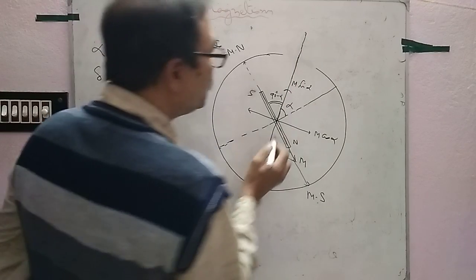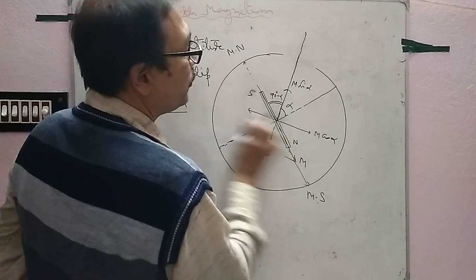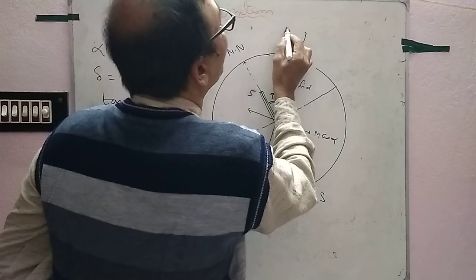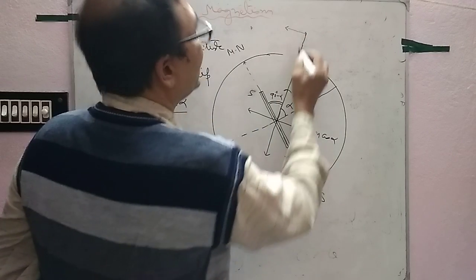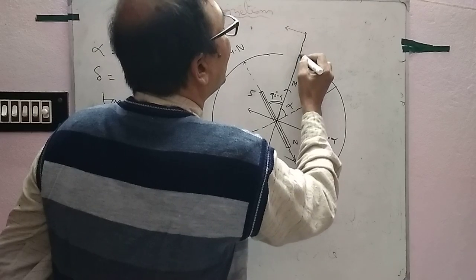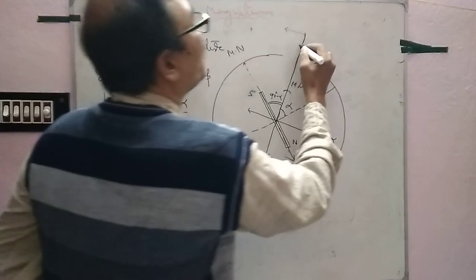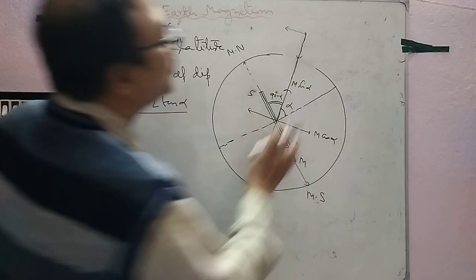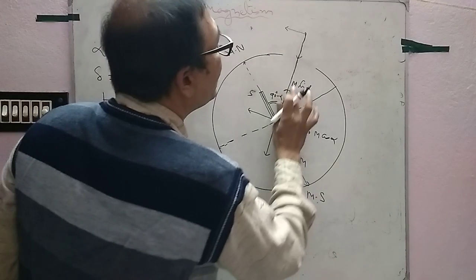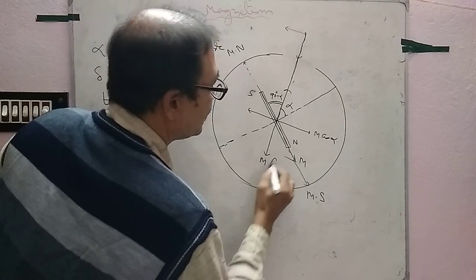Due to this portion, the magnetic field will be in this direction, and due to this portion the magnetic field will be in this direction. Clear? The component is M sine alpha.